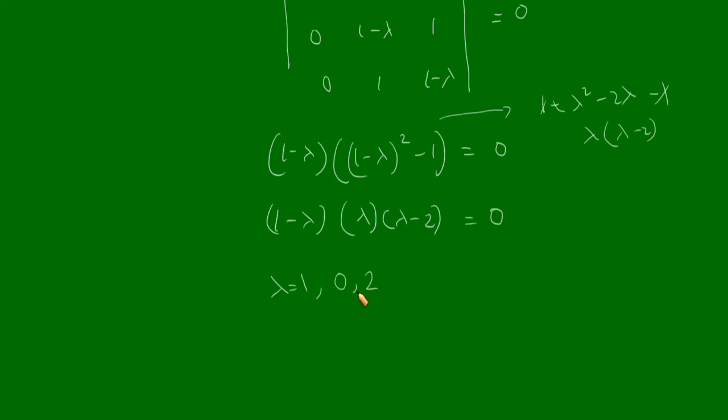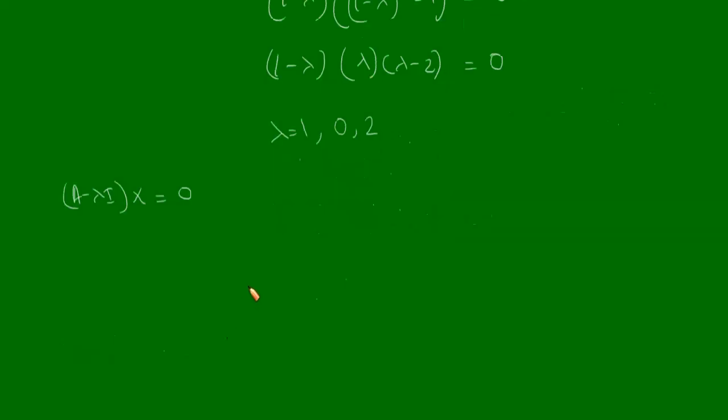So we have three eigenvalues because we started with a 3 by 3 matrix. So the first eigenvalue is 0, then we have 1, another value is 2. So our eigenvalue equation is (A minus lambda I) x is equal to 0, and first consider the case when lambda is equal to 0. So when lambda is equal to 0, our eigenvalue equation reduces to, what is matrix A?